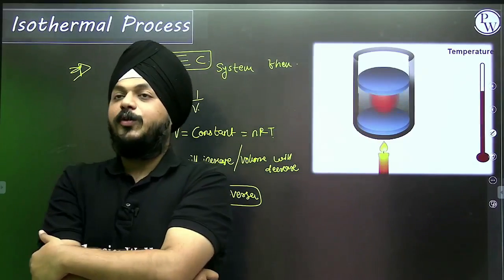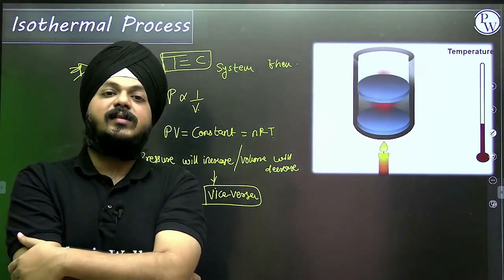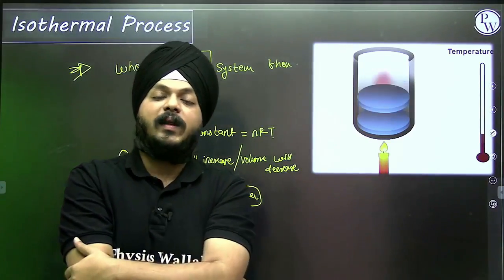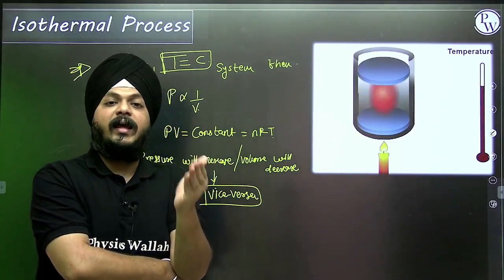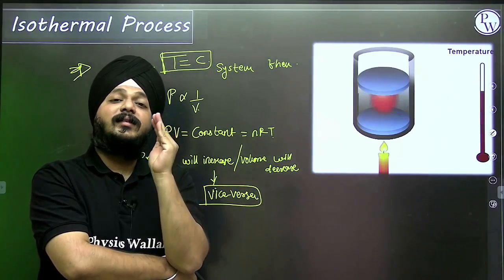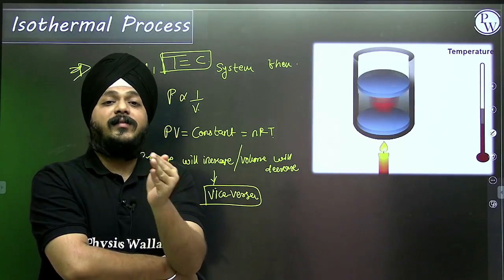So here I want to tell you about not only the heat exchange. Three of the most important parameters play an important role. The first one is the first law, or heat supply. The second one is the internal energy and work done.